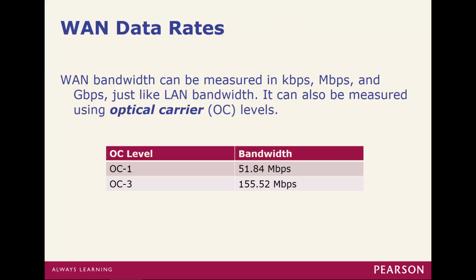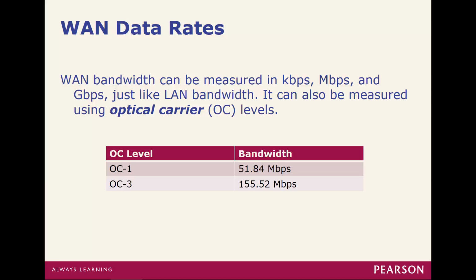So let's move into our data rates. Data rates could be different things depending on how we measure them. They could be measured in kilobits, megabits, gigabits, terabits per second, just like we would do our LAN bandwidth. But we could also measure them using specific levels. For example, OC level 1.